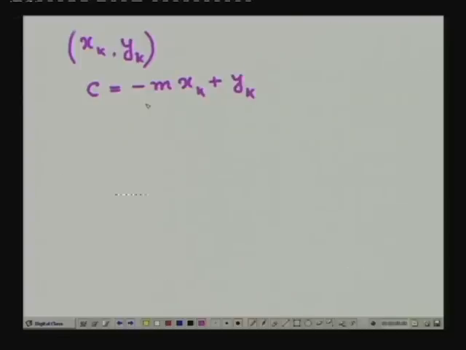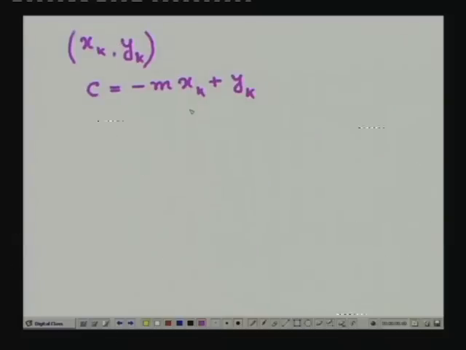So, we allow the value of m to take all possible values, or all allowed values, as specified in our accumulator cell, ranging from m minimum to m maximum. And for each of these values of m, we solve for the corresponding value of c, following this particular equation, c is equal to minus m x k plus y k.